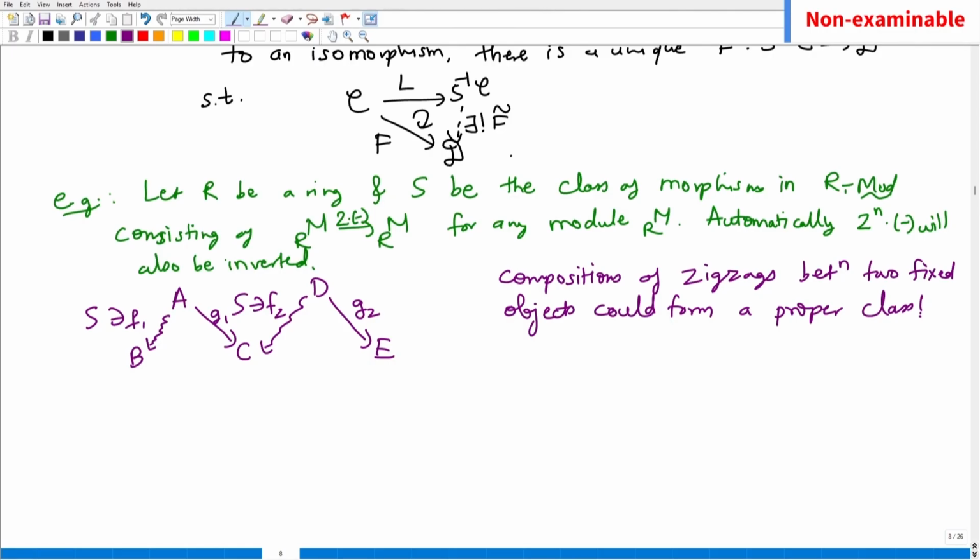Some of the compositions will get identified clearly, but a priori you cannot have any control. Do you have any control that it will always be a set?